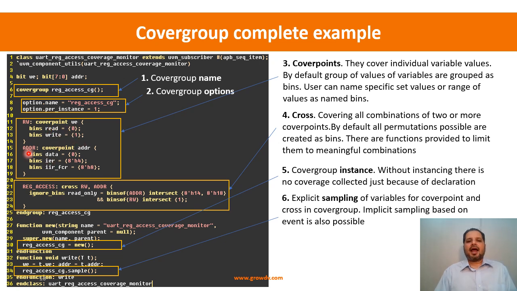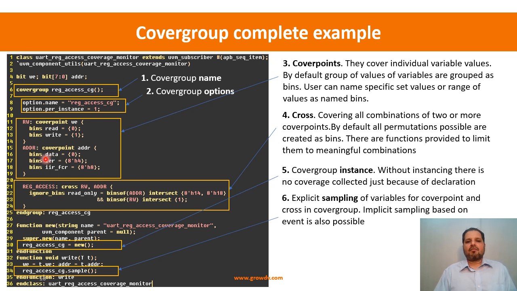Then I am creating another coverpoint, giving the name of the coverpoint, colon, the coverpoint keyword, and again this variable is nothing but the property that I have created within the class. I am declaring a few specific addresses that I am interested in. This is a register map; although there are many registers, I am showing just a few because of the space constraint.